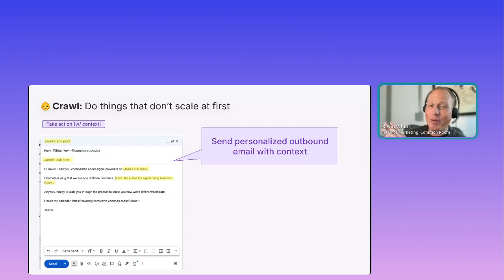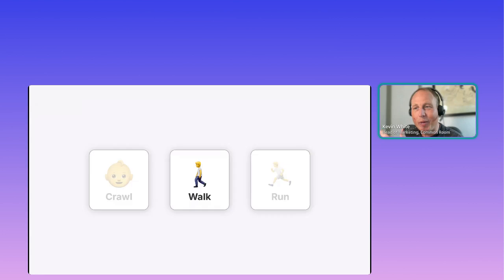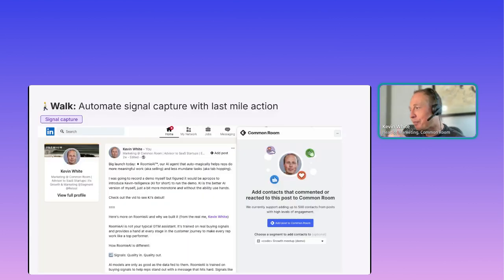This is very tedious to do at first, but eventually you'll get to a state where you need some sort of software, which is where, full disclosure, the company that I work at, Common Room, is one of those software tools that helps you do that. So that's where we get to this walk phase. I try to use the same signal across all these different stages.